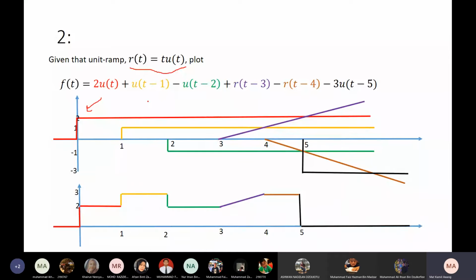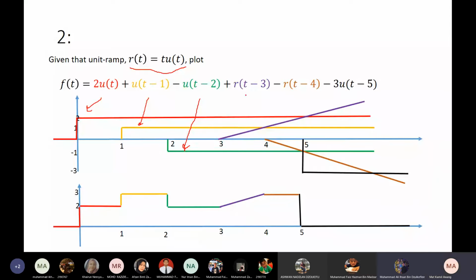This is 0 before 1 second and 1 after. The second one is a delay of 2 seconds, also a unit step function. Because of the minus sign, the amplitude is negative.